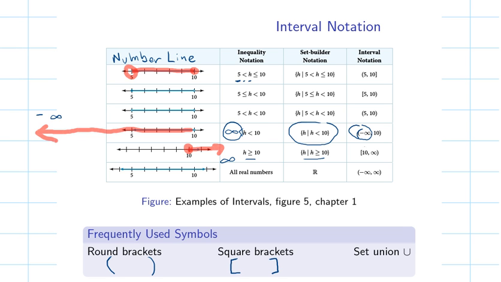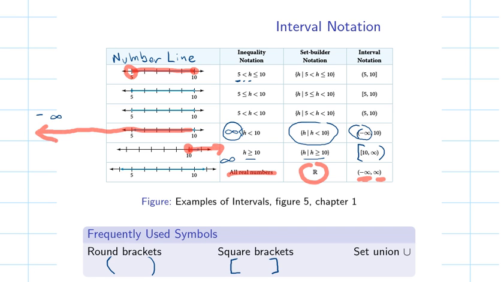We do include it with a square bracket, and we do need a right endpoint, so we'll use infinity just to denote that there's no right endpoint, and we'll use a round bracket just because infinity is not a real number. If we want to describe all real numbers, we could just write it in words or use this funny symbol, R, but we're just saying that there's no lower bound and there's no upper bound, so it's the interval from negative infinity to infinity.